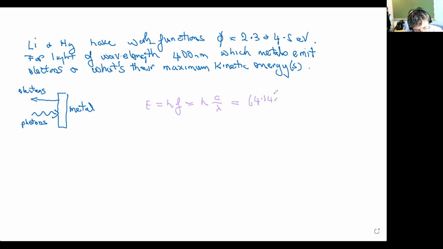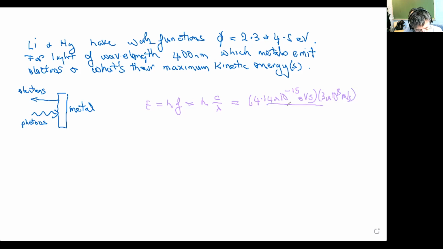So let's do that. The value of Planck's constant is 4.14 times 10 to the minus 15 electron volt seconds. Plug that in. The speed of light, 3 times 10 to the 8 meters per second. Plug that in.